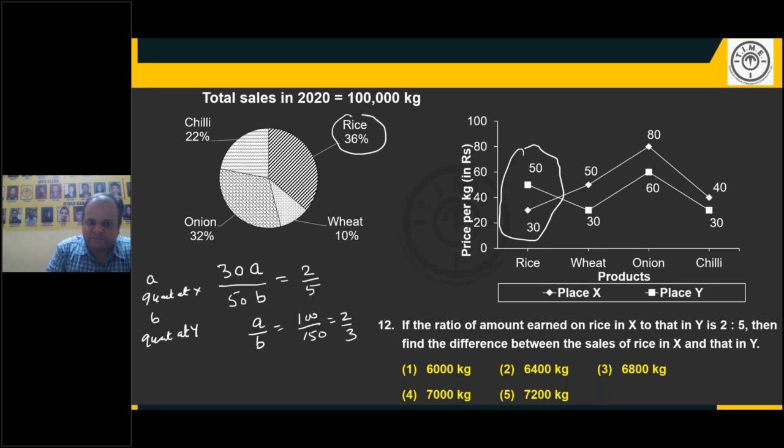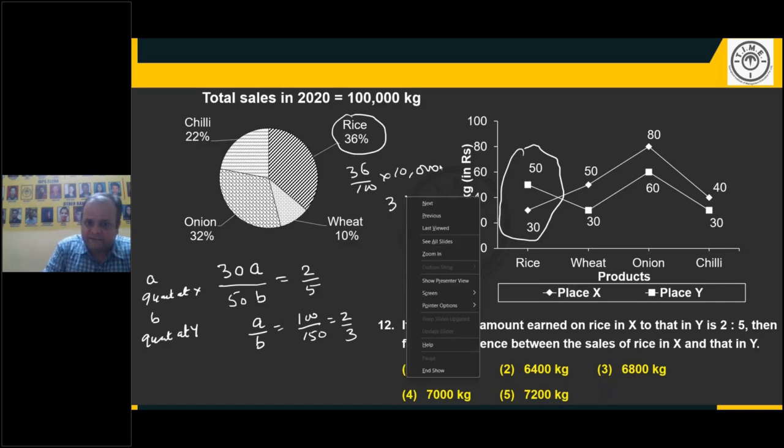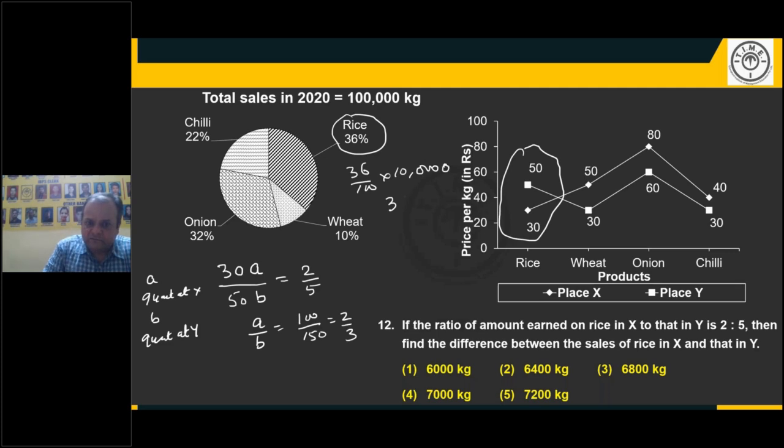A upon B is the quantity, and what is the total rice that we have? Total rice is 36% of 1 lakh, so this clearly comes out to be 36,000.